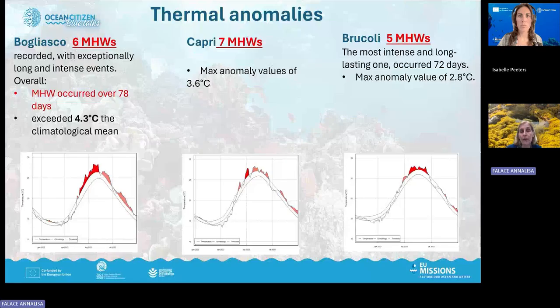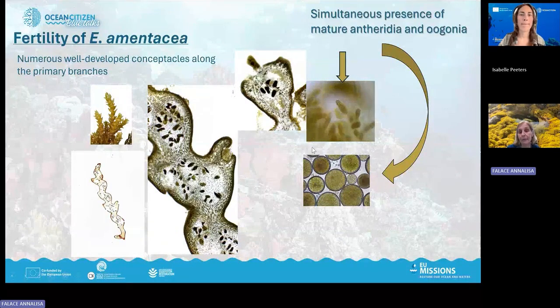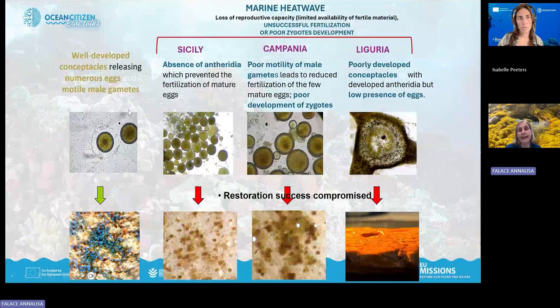You have the conceptacle with the male and female gametes that develop inside the conceptacle, while during the marine heat wave in the 3 sites we had unsuccessful fertilization and poor zygote development. All the restoration success was compromised. We also had very limited availability of fertile material to start the culture.